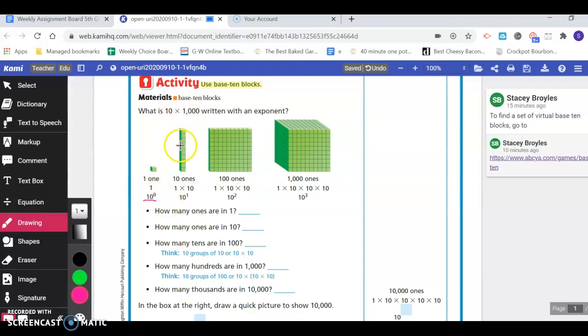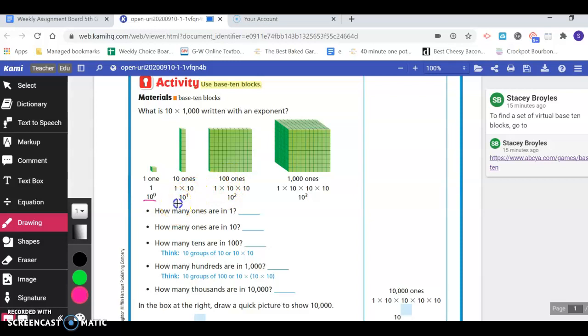Then I have, here's my long, my rod. That's the same as 10 ones. That's 1 times 10, written in expanded value form. That's 10, written with a tiny 1, 10 to the first power. See that?